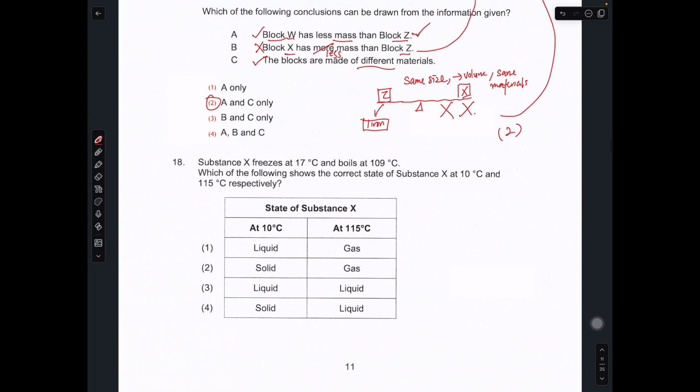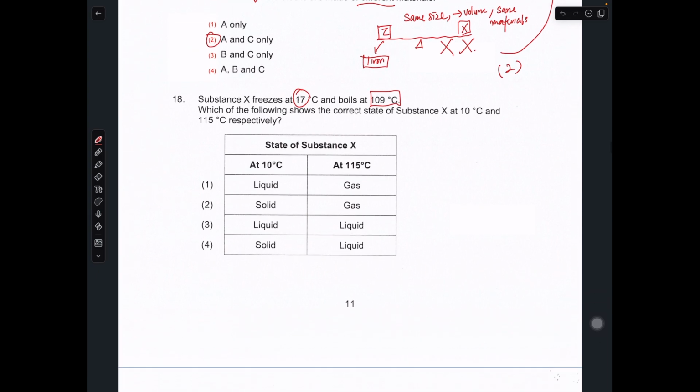Substance X freezes at 17 and boils at 109. This is the part where I will use the temperature line. Freezing point and melting point is 17 degrees Celsius, boiling point is 109. Which of the following shows the correct state when X is at 10 and 115 respectively?